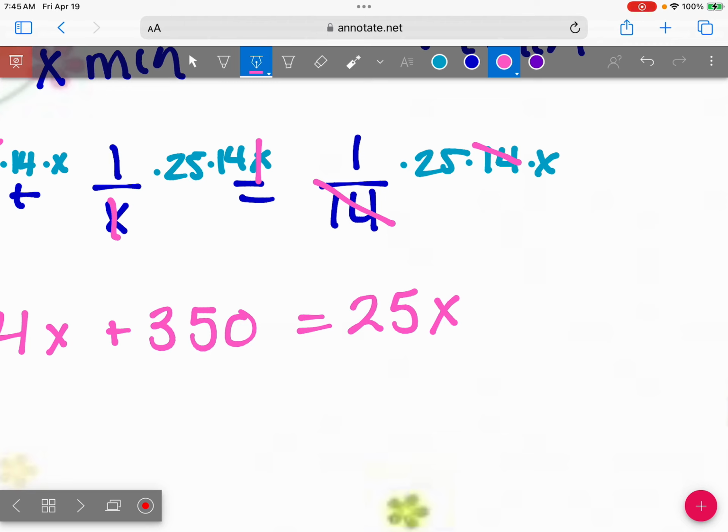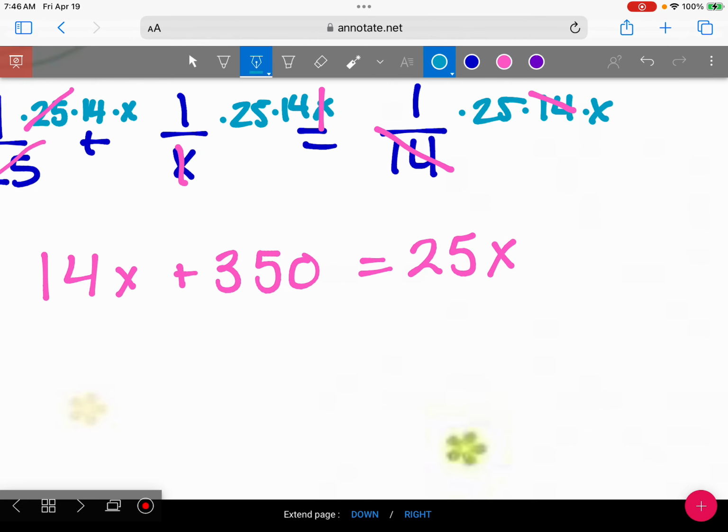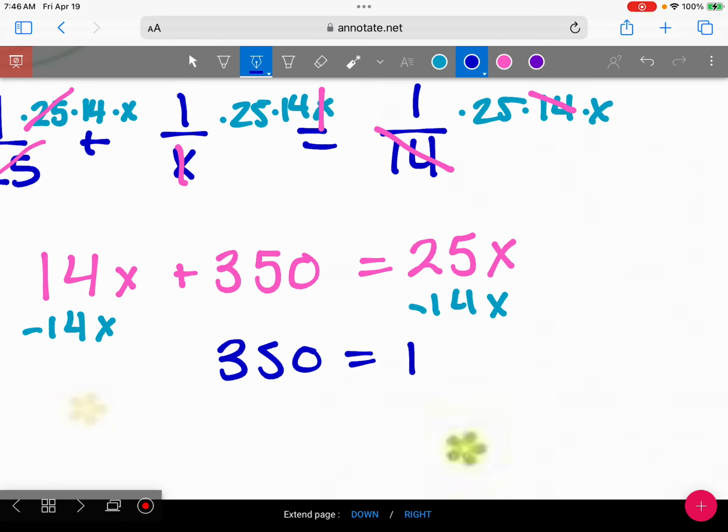So what are we going to need to do to solve this? Subtract 14x from both sides. Get those x's together. So we have 350 equals 25 minus 14 is 11x.